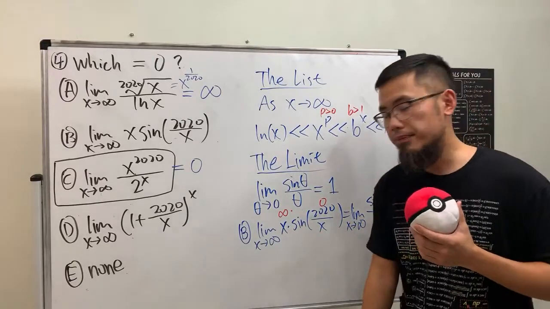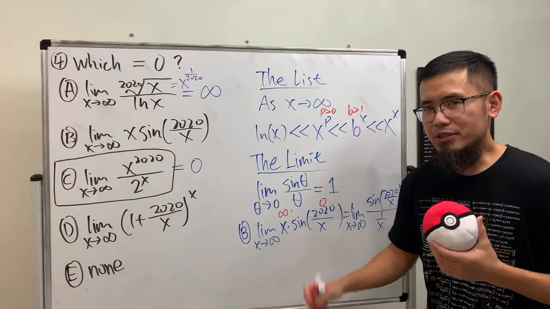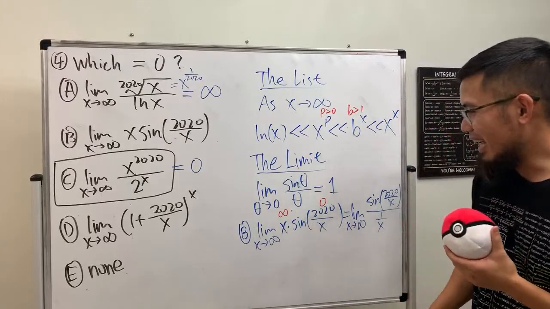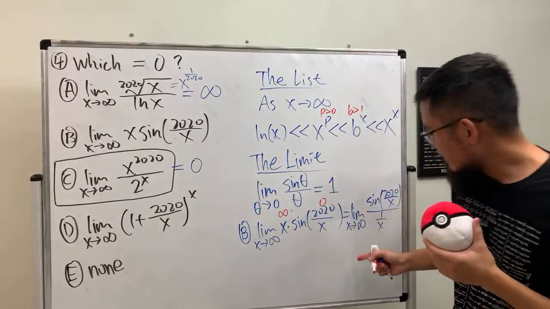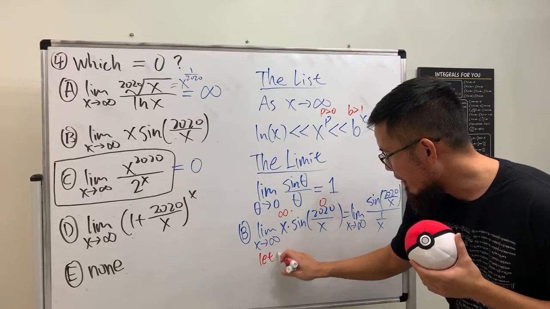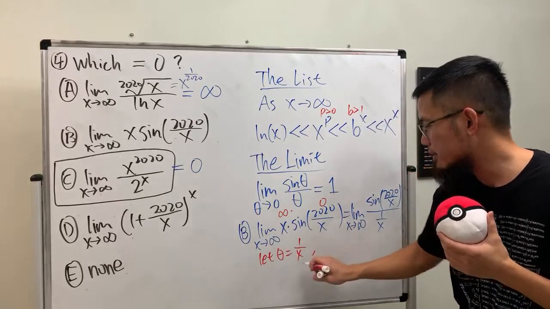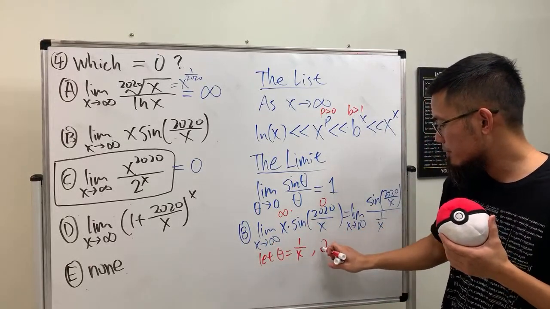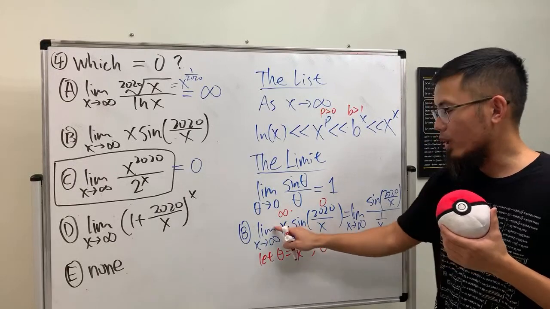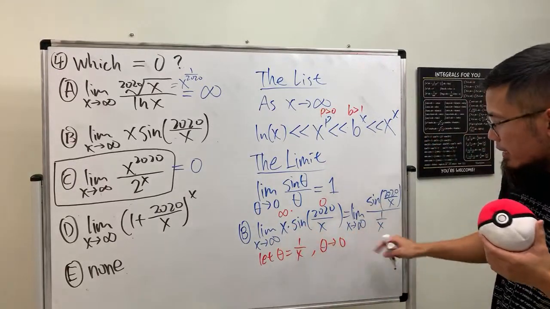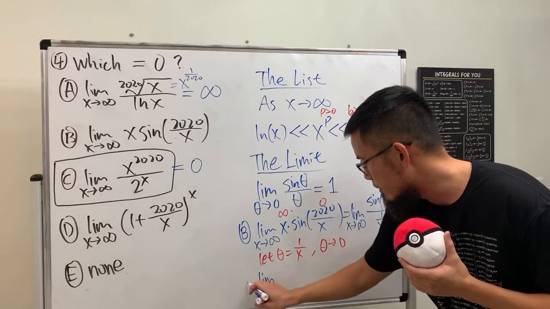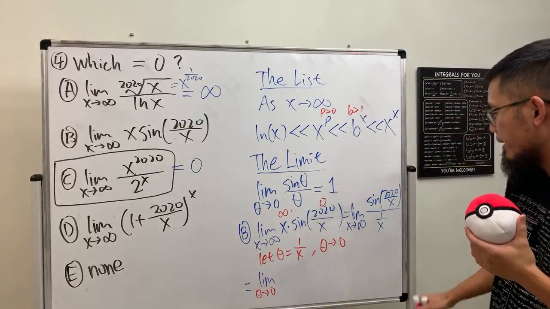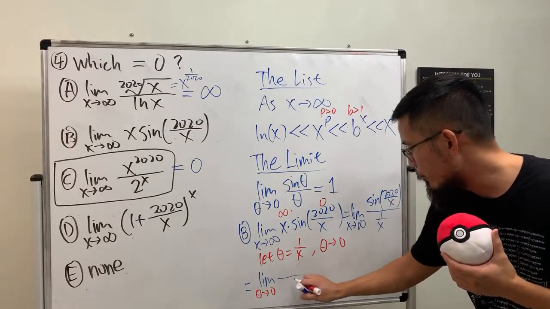Again, seriously, just don't do L'Hopital's rule. That's why I put this as a multiple choice question, so I don't need to see the things that I don't want to see. Anyway, right here, I'm going to let theta equal 1 over x. Notice, as x goes to infinity, theta goes to 0, because we have 1 over infinity. So this limit becomes the limit as theta approaches 0, and the bottom is nicely equal to theta.